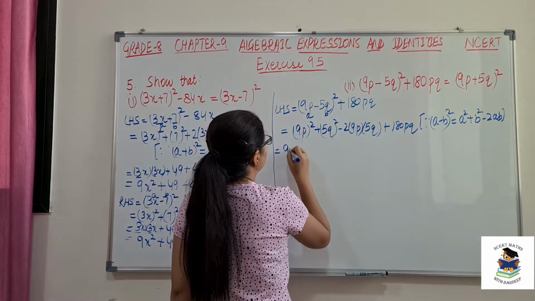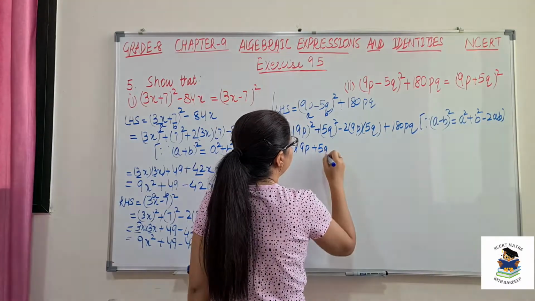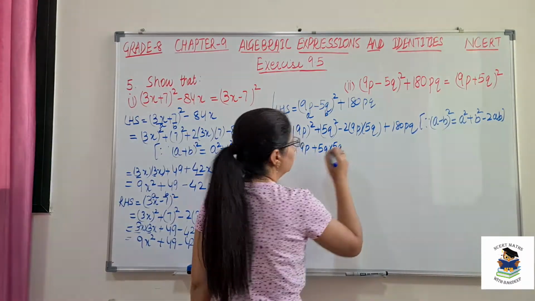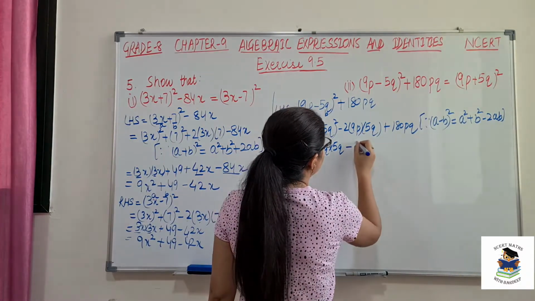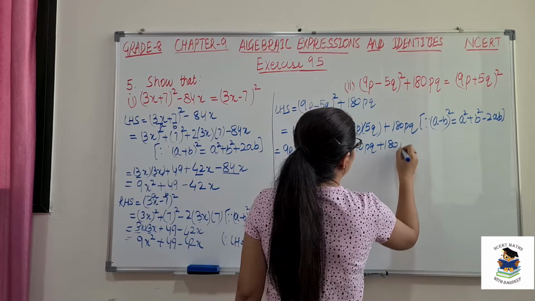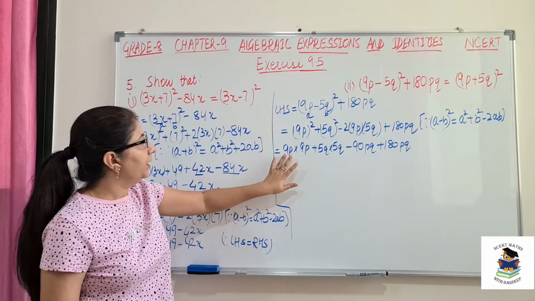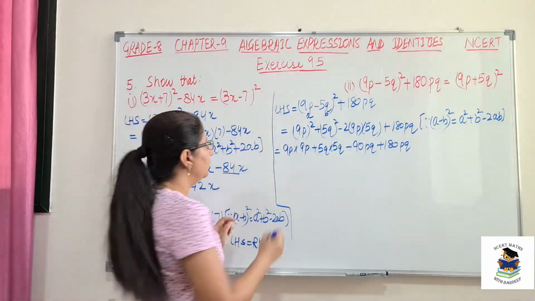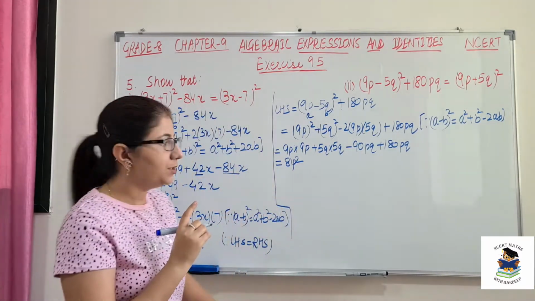9p square, that is 9p into 9p. 5q square means 5q into 5q. So 2 9s are 18, 18 5s are 90pq and plus 180pq. Okay. So here it is 9 into 9 as 81. P into P as P square.